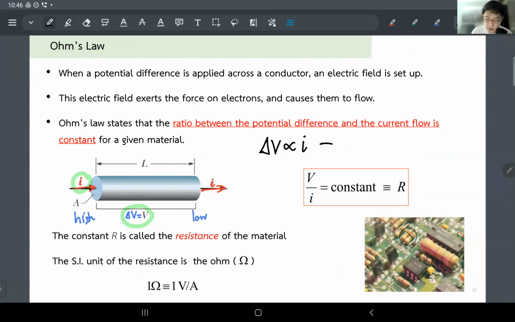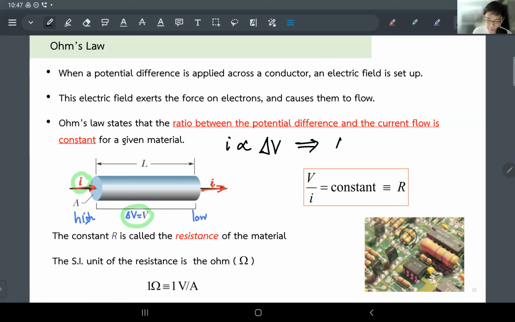And then you can turn this into an equation by introducing a constant. I think I prefer I is proportional to V better. Okay, there you go. And then I turn this into an equation, introducing a constant into it.